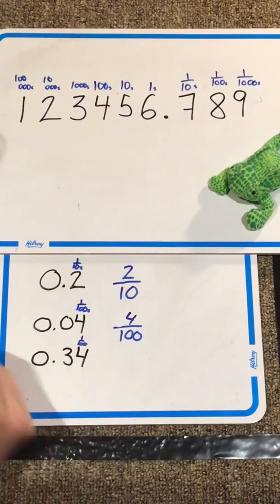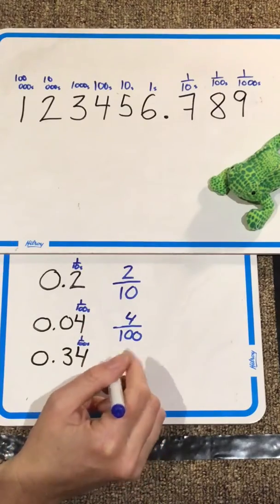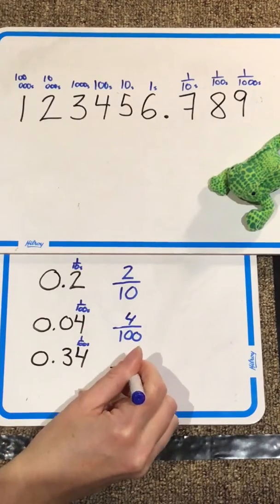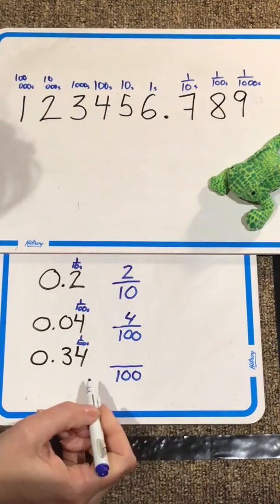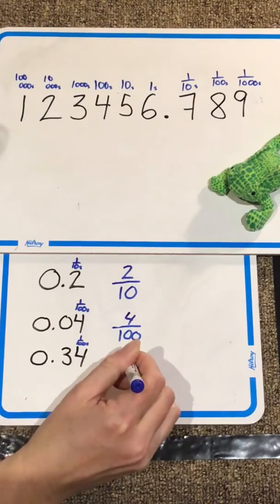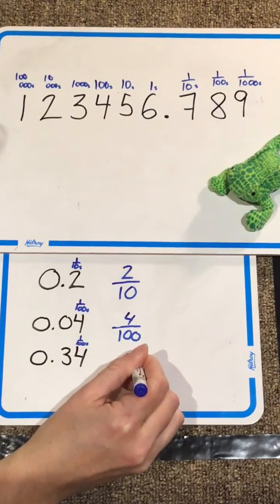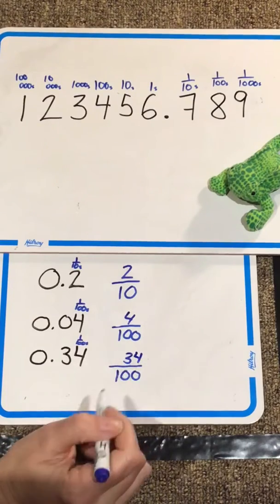So the farthest right number that's not 0 is this 4, and it happens to be in the 100th spot. So we know the denominator is going to be 100. Okay, what's the top going to be? Oh, there are 34 of those hundredths, or 3/10 and 4 hundredths.